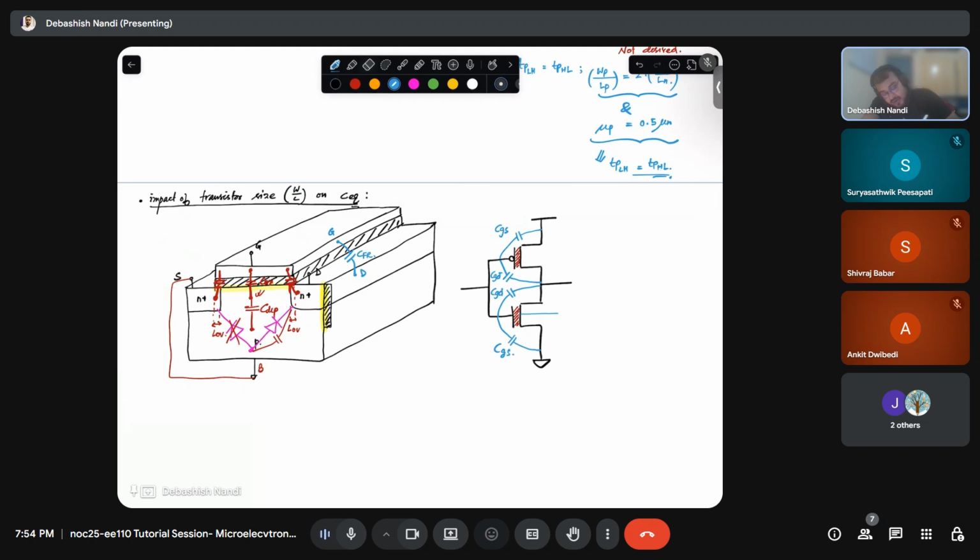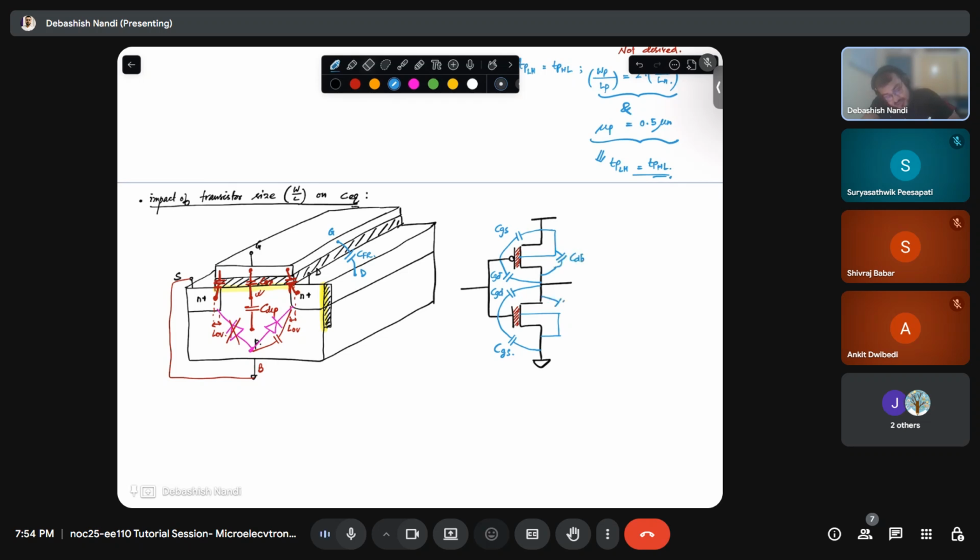And let's say you have body contacts as well, so you will have body contacts here. There you will have your drain, let's say this is your drain, so you will have these junction capacitances CDB.